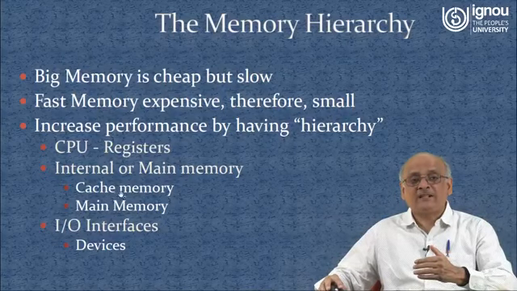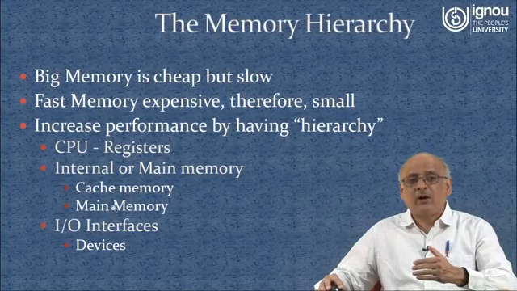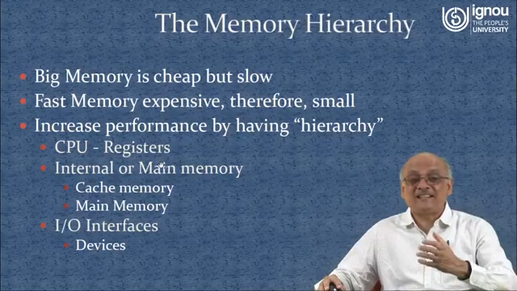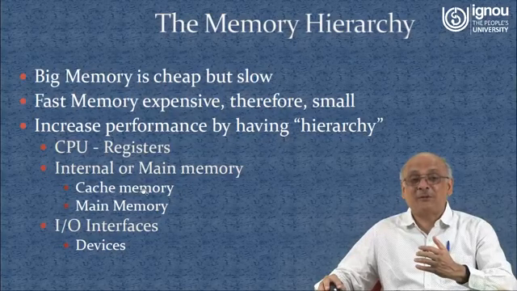Cache is basically a small memory, but as we discussed last time, the principle of locality ensures that most of the references of instructions and data will technically be to main memory, however, they will be fulfilled by cache memory.